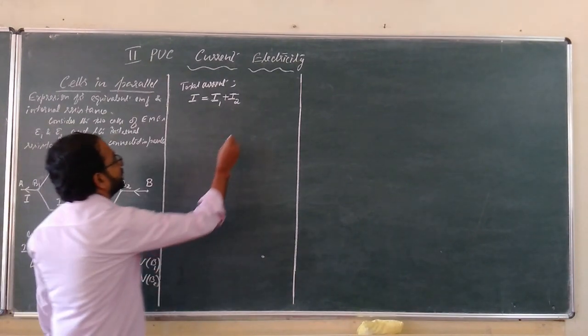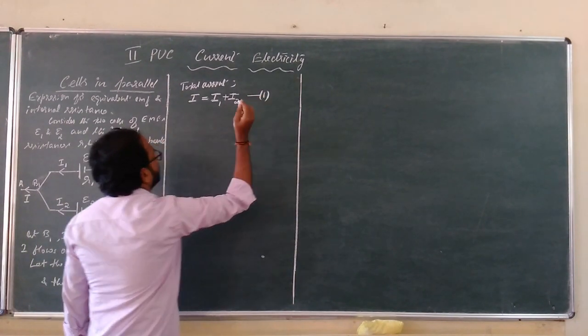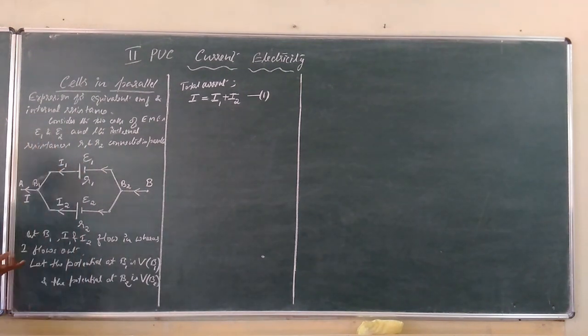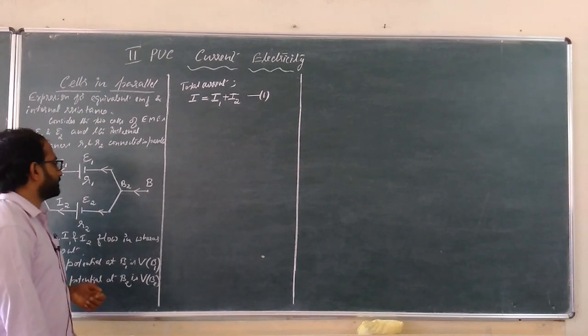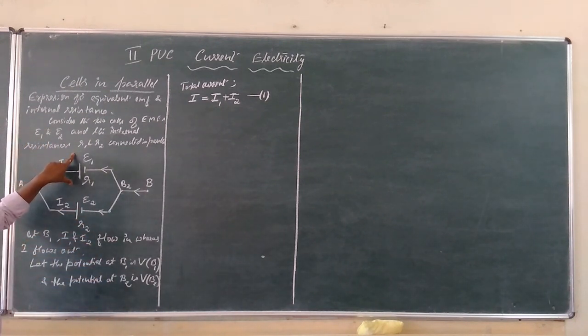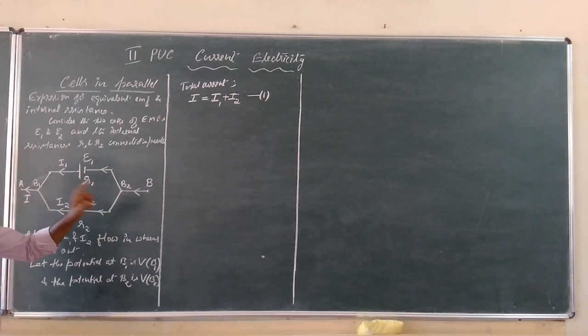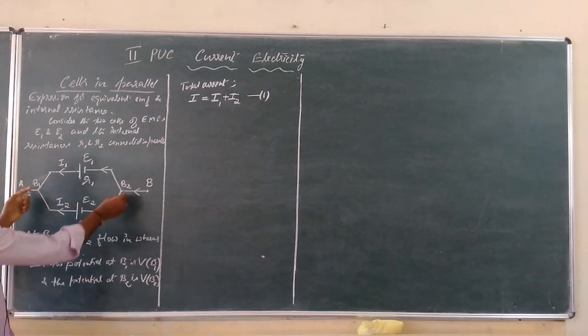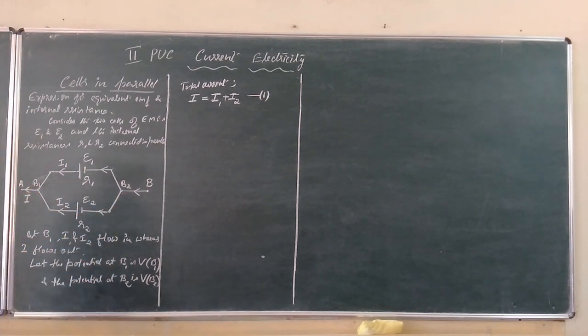Now I calculate the potential difference across these two points, across the first cell or across B1 and B2, by considering the first cell and by considering the second cell. With respect to the first cell, what is the potential difference across these two points, and what is the potential difference with respect to the second cell?